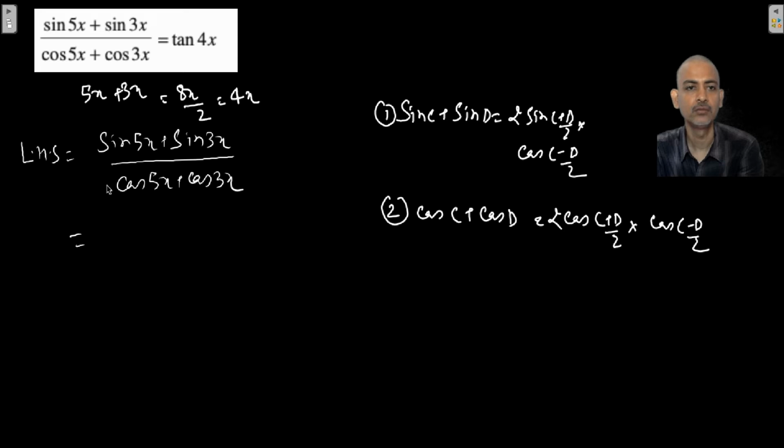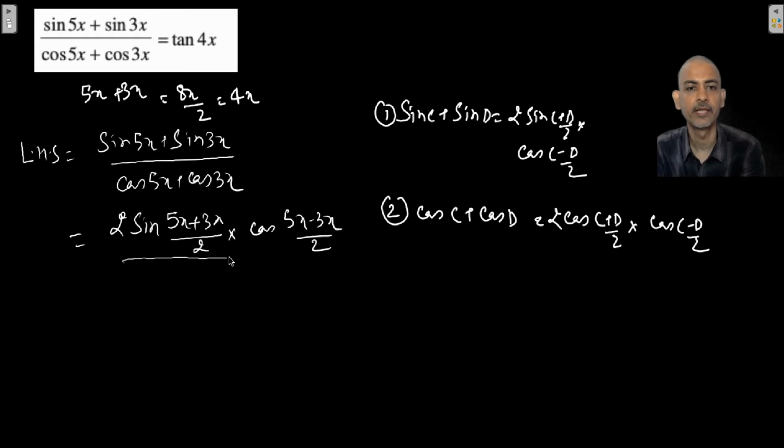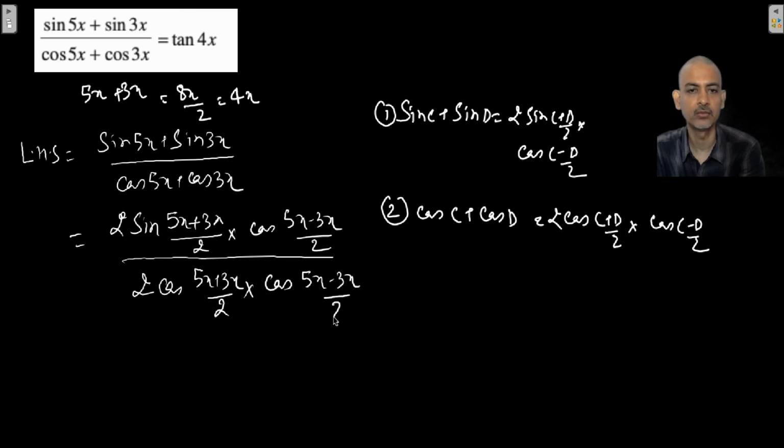Now, using the formula, this will be 2 of sin of (c plus d) by 2, which means (5x plus 3x) by 2, into cos of (5x minus 3x) by 2, divided by 2 of cos of (c plus d) by 2, which is (5x plus 3x) by 2, into cos of (5x minus 3x) by 2.